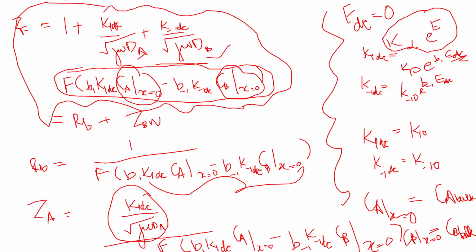Now what is ZW? ZWB, that is the bounded Warburg impedance, will be this part. So what will come here? K10 by root of j omega dA plus K minus 10 by root of j omega dA, by this entire term.